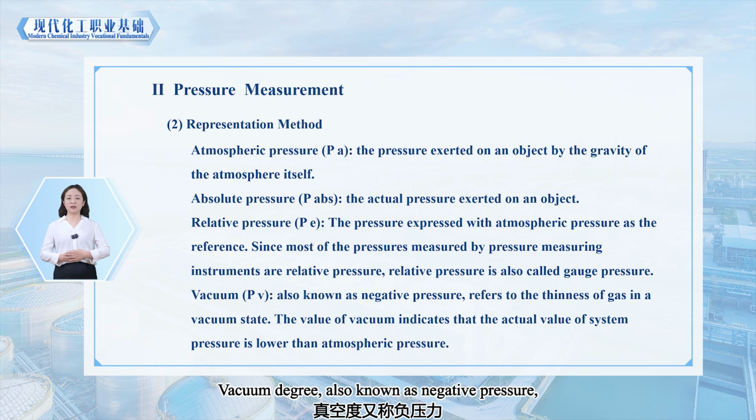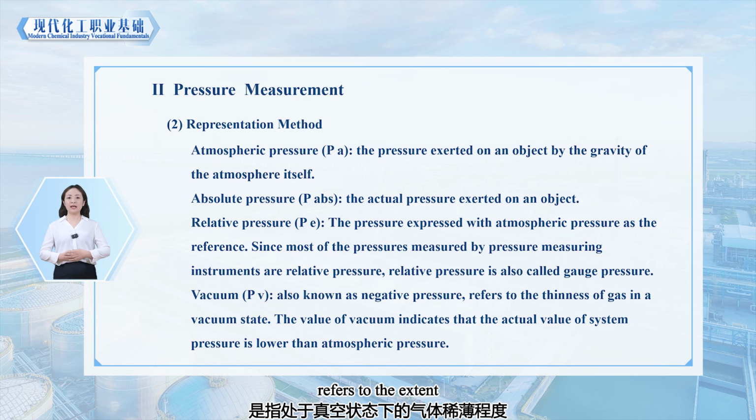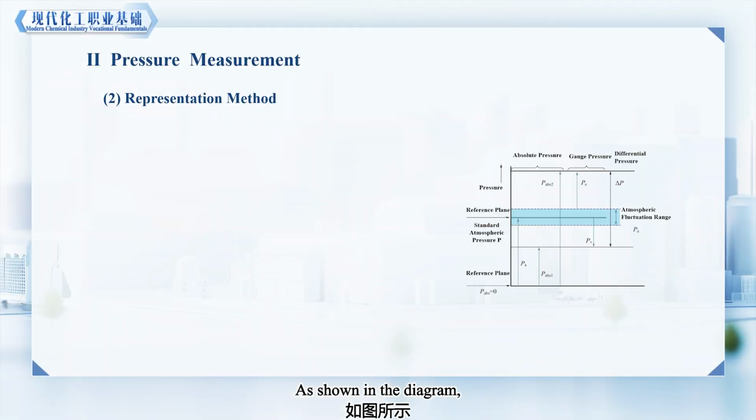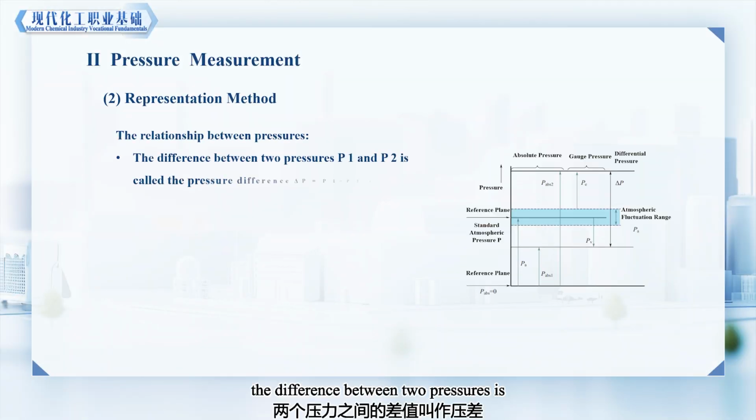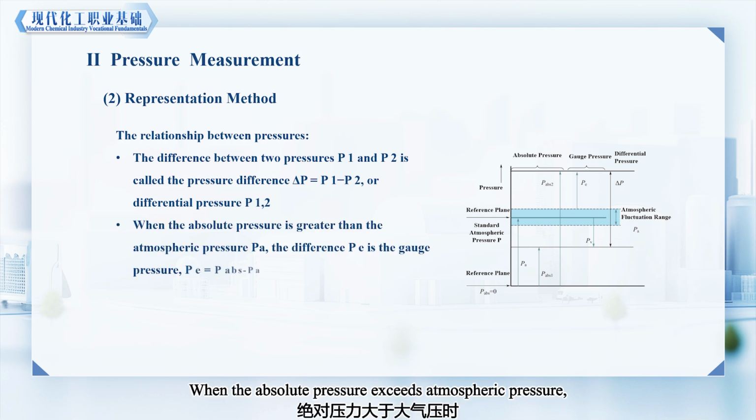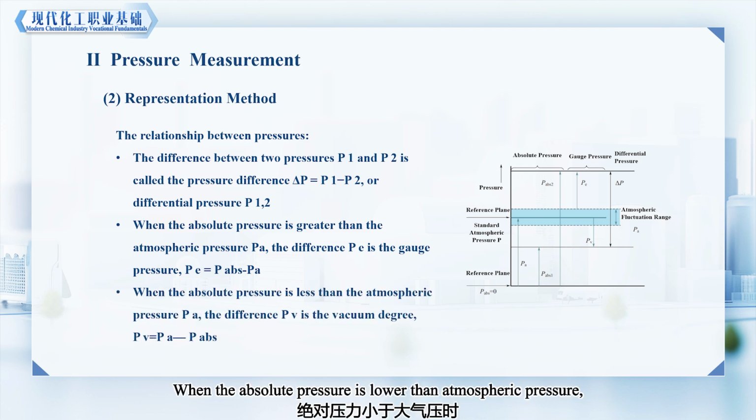Vacuum degree, also known as negative pressure, refers to the extent to which the gas is rarefied under vacuum conditions. As shown in the diagram, the difference between two pressures is called the differential pressure. When the absolute pressure exceeds atmospheric pressure, the difference P is the gauge pressure. When the absolute pressure is lower than atmospheric pressure, the difference PV represents the vacuum degree.